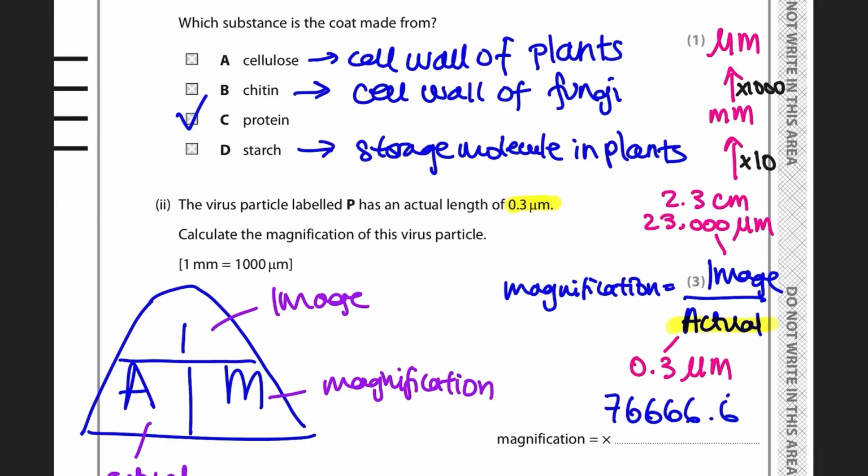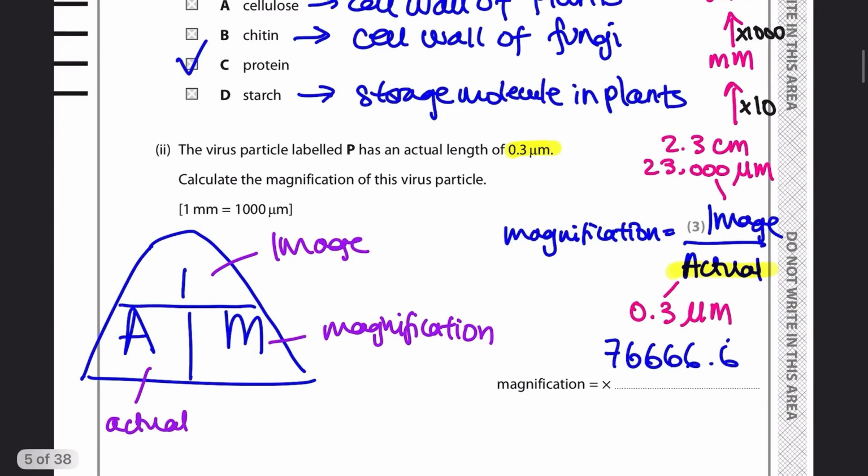And you can put that number down just like that, or you could round it so that it looks a little nicer. Sometimes the question will ask you to put this to 2 decimal places or 2 significant figures, in which case, let's say they want 2 significant figures, then this answer will be 77,000. Okay? So read the question carefully. If they don't say, then you can just write down the number directly from your calculator.